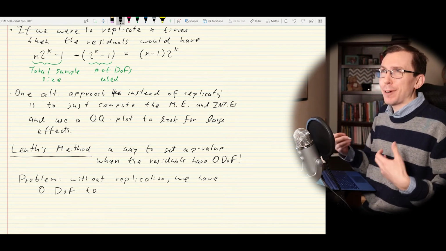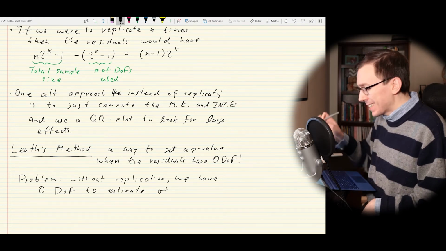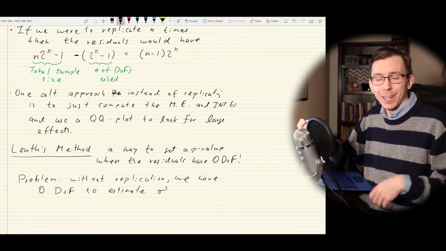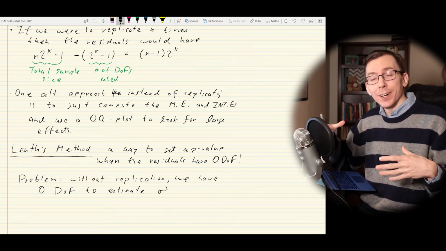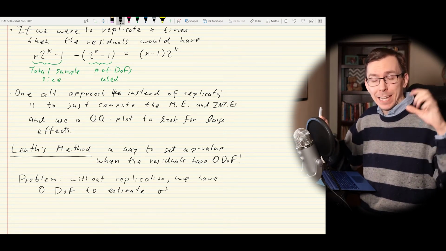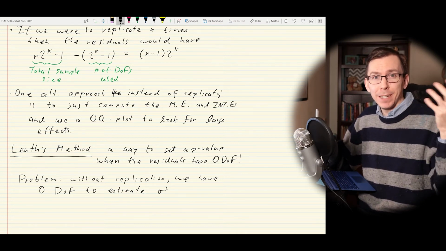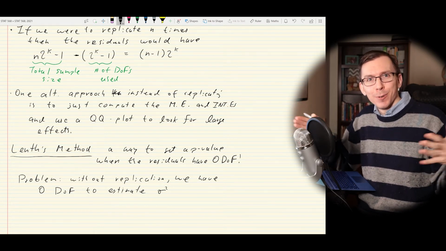But what does that mean in practice? It means that we have 0 degrees of freedom to estimate sigma squared, the variance, because that's actually what we're doing in the denominator of the F statistic, right? We're trying to get a sense of the background noise so we know if the effect, the treatment sum of squares, or a specific factor sum of squares, is big or not. We can just stare at the number, but if we don't know what scale we're on, we don't know.